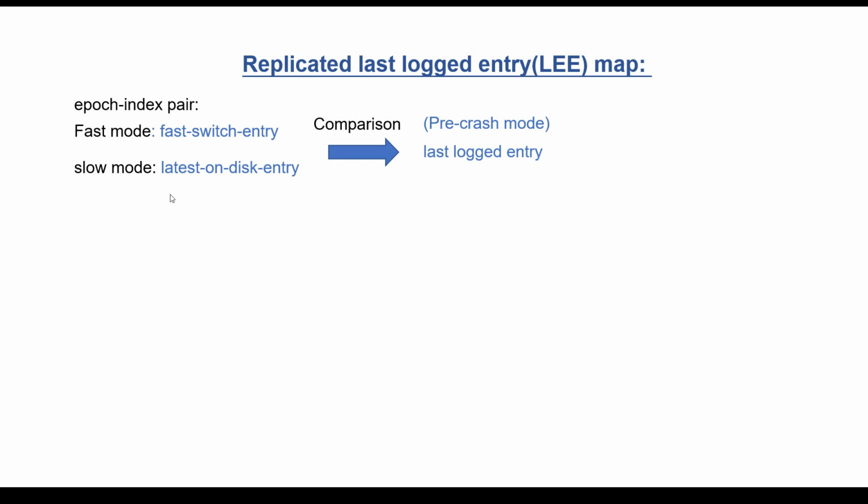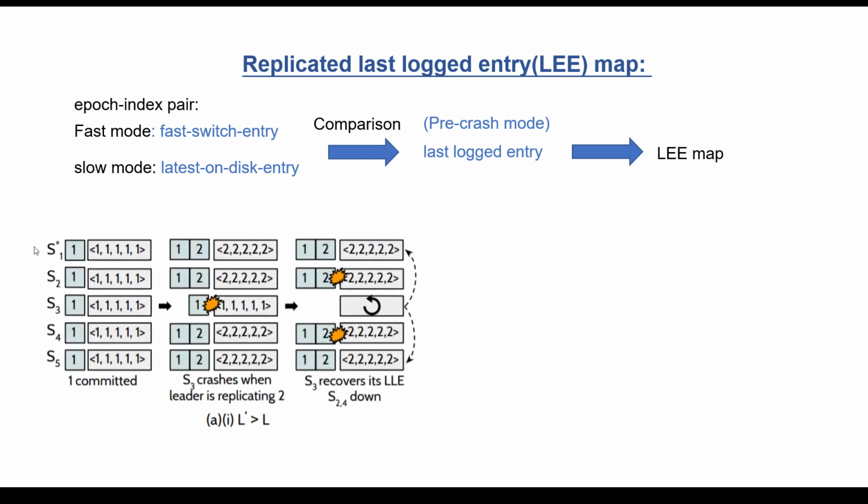For example, if the latest on disk entry is higher than the fast one, it means the node crashed in slow mode. And now everyone knows the latest logged entry, and we can build an LE map, including all the information of any other nodes.